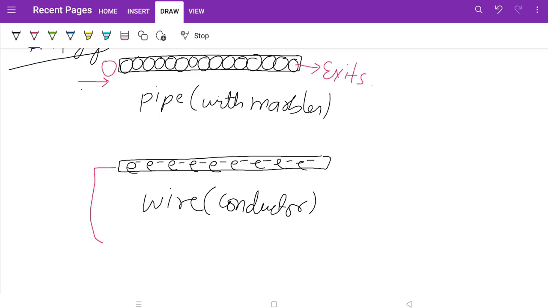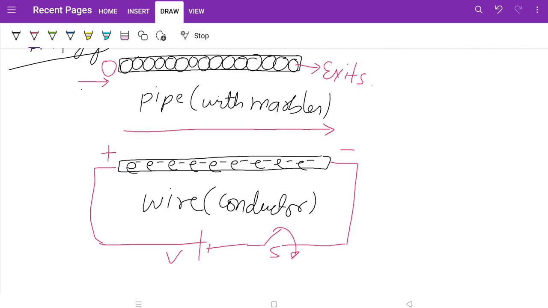Now when the switch is closed, a potential difference or an electric field generates across the conductor or wire that moves the electrons or makes the electrons drift.